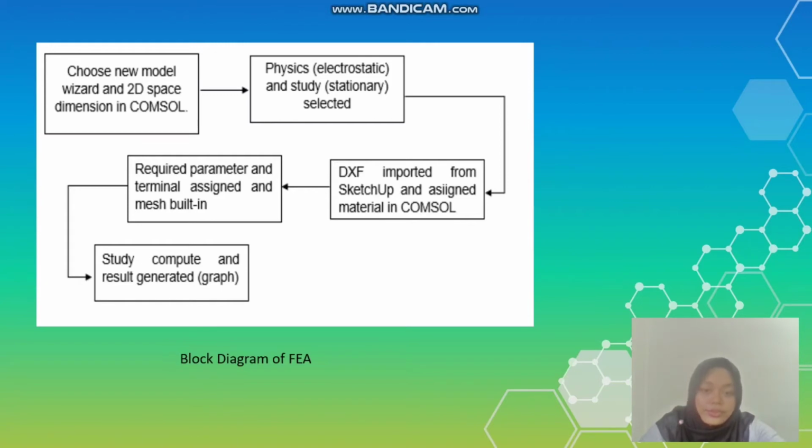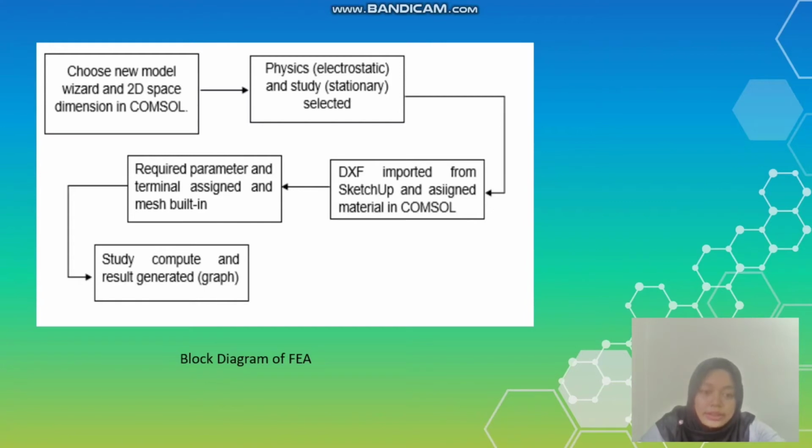saving the simulation file. Next, we can select the option of physics for electrostatic and study of stationary for the project file. And then we can also easily import the DXF file of the insulator design that was designed in the SketchUp to the COMSOL.